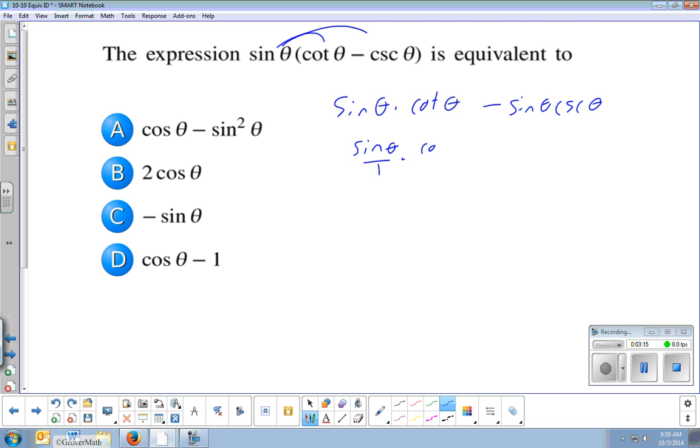Cotangent is cosine theta over sine theta, the reciprocal of tangent. Sine theta, I'm keeping sine theta over 1. And cosecant is 1 over sine theta. And so these cross out, and I have cosine theta minus, these cross out, 1.